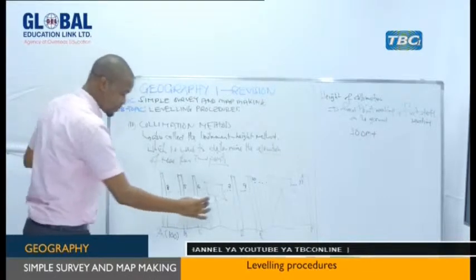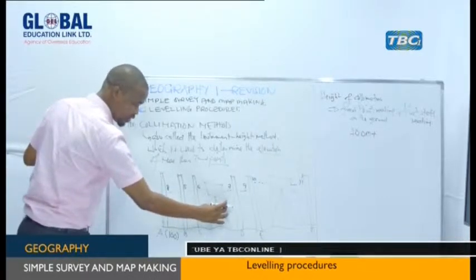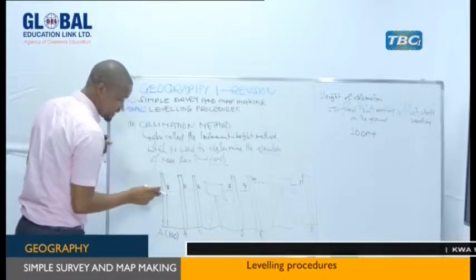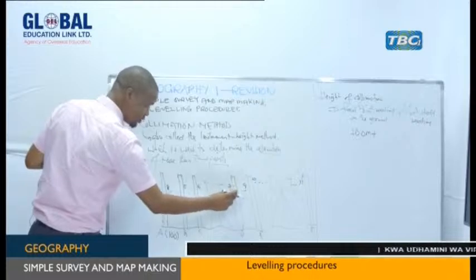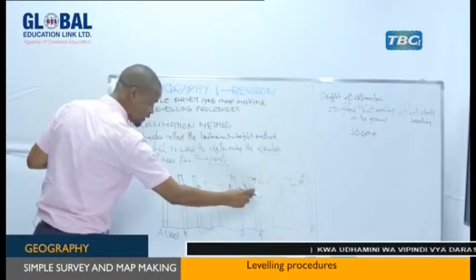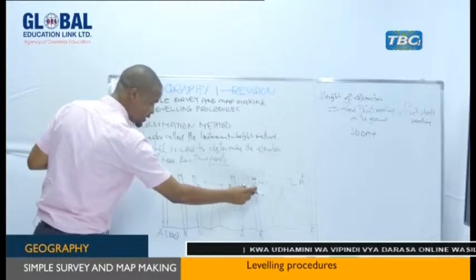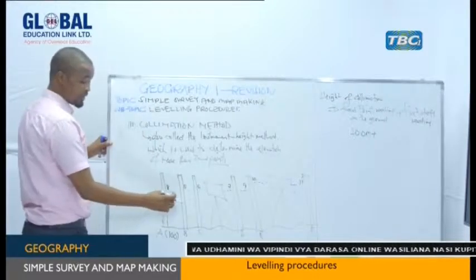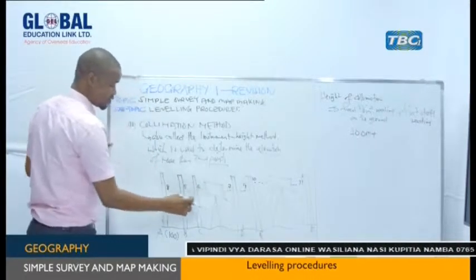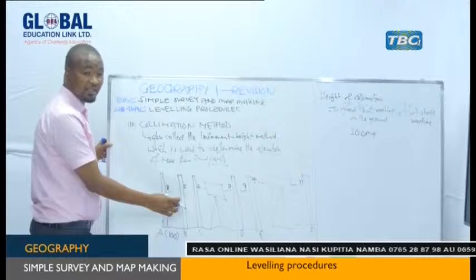And remember, because we have this leveling instrument right here, this is the backsight, and this one, as you can see, is our foresight. Are we together? This is the foresight, this one is the backsight. Those at the middle, we call them the intermediate sights.